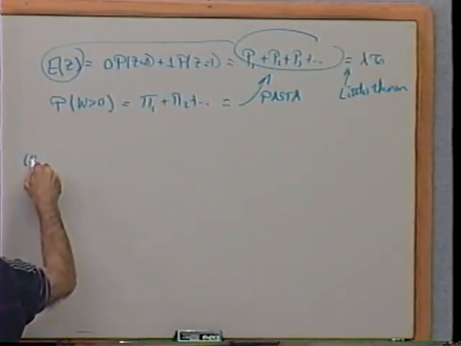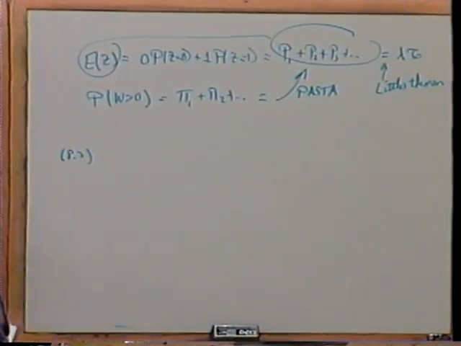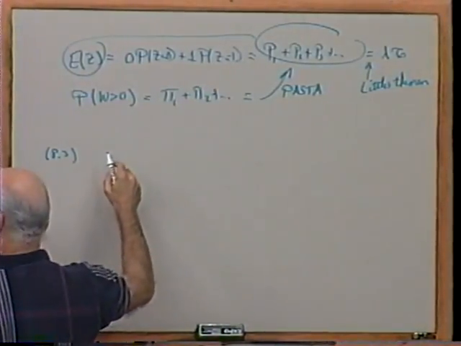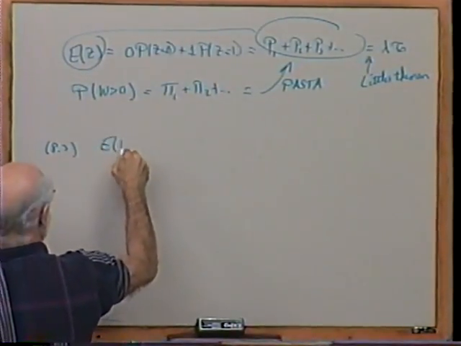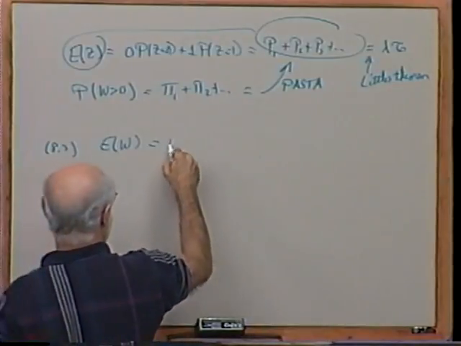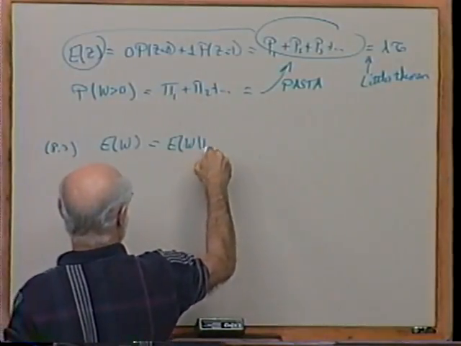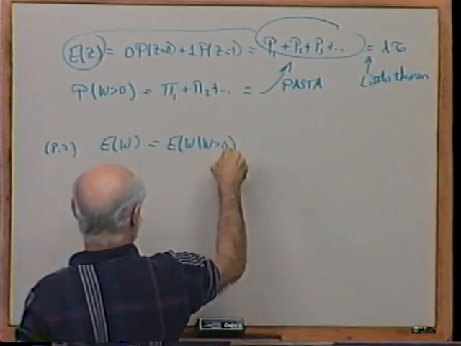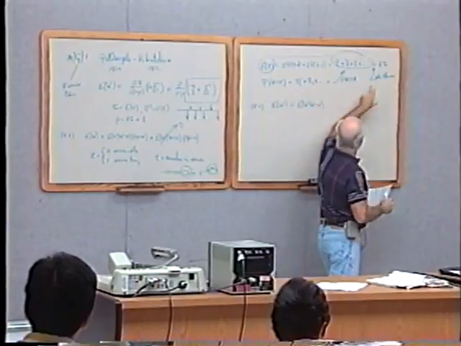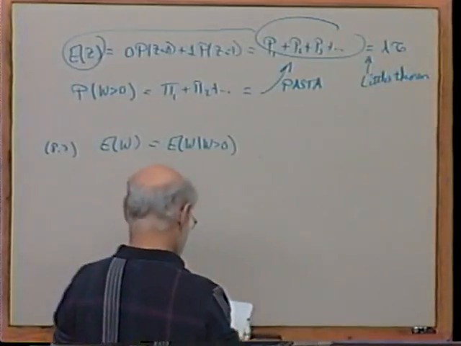Now let's go to equation 8.3. 8.3 is simply a rewrite of 8.2. It says that the expected value of the waiting time is equal to the expected value of the waiting time given that the waiting time is greater than 0, times the probability that the waiting time is greater than 0, which we already know is lambda times tau.